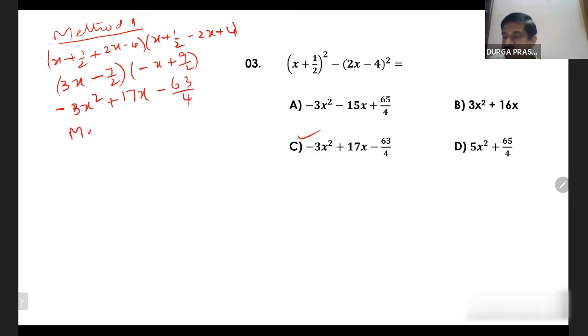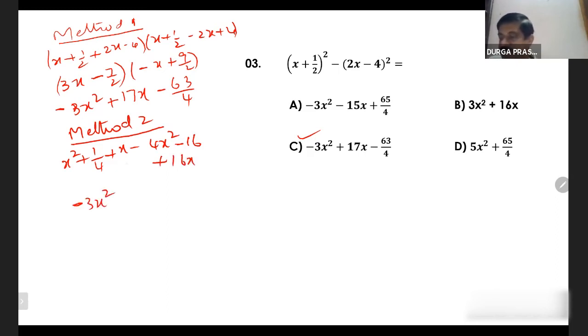Method 2 is expand. A plus b whole square is a square plus b square plus 2ab minus a square. Minus into plus is minus 16. Minus into minus is plus 4 into 4 is 16x. So x square minus 4x square is minus 3x square.